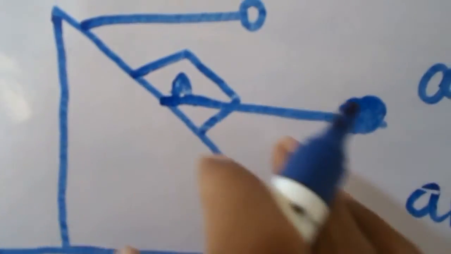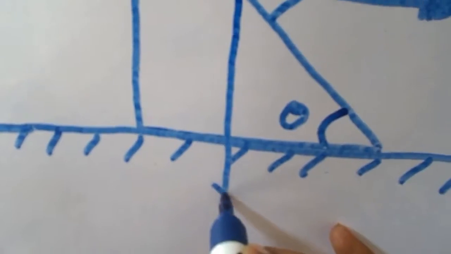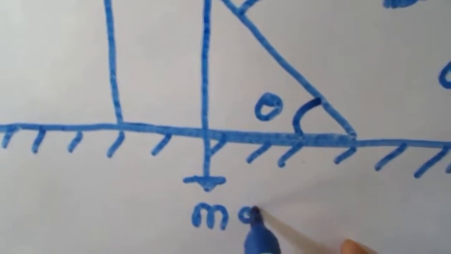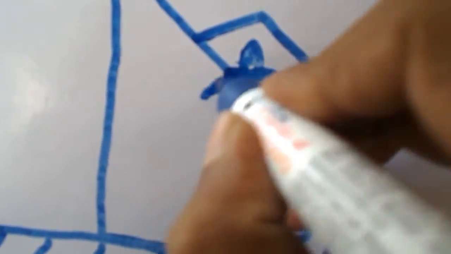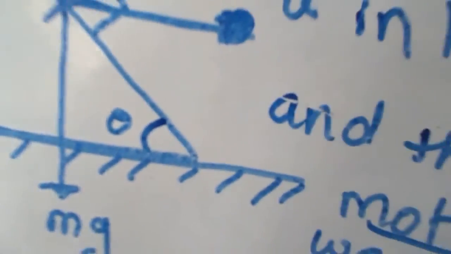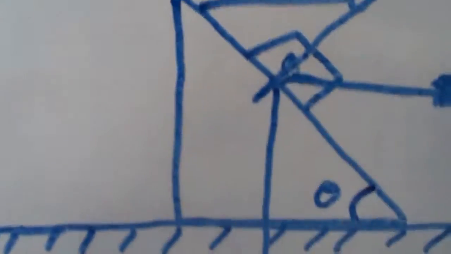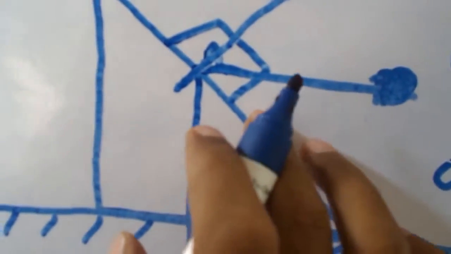There is a force mg, and this block is on the wedge, so the wedge will apply a normal reaction on A.